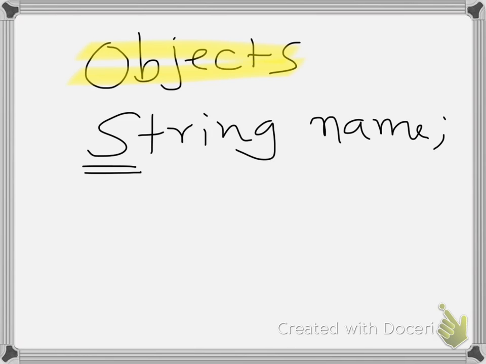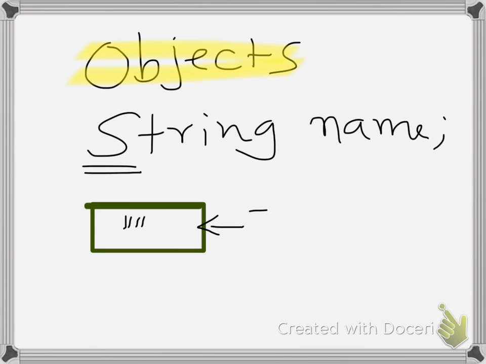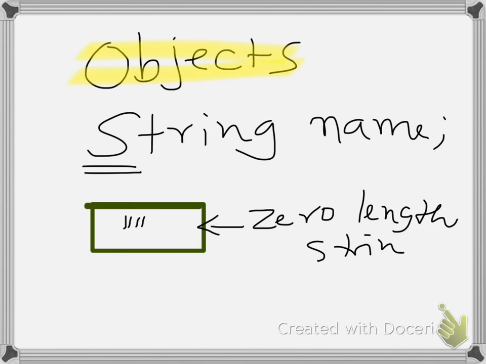Here's the interesting point. In the case of String, you don't create garbage. Java allows you to declare a variable with this name, but at that point it creates a zero-length string in there. So this one is already initialized.